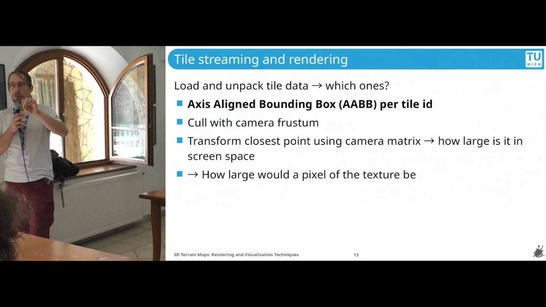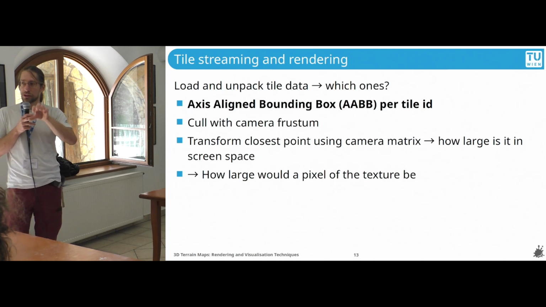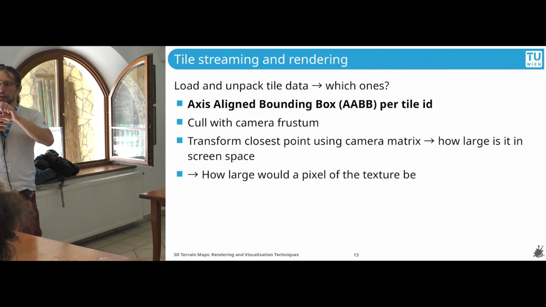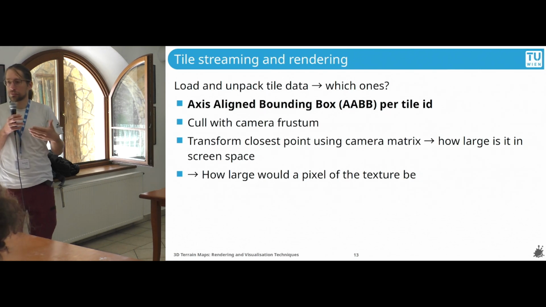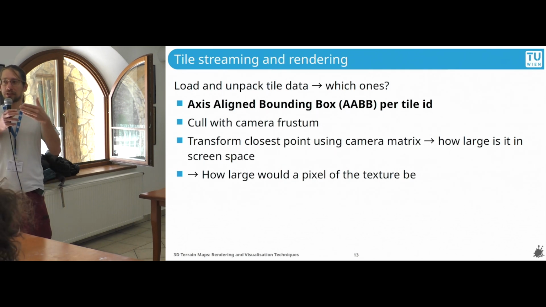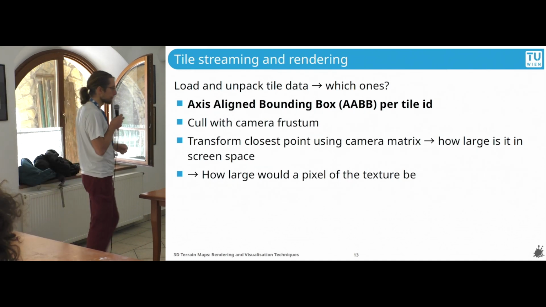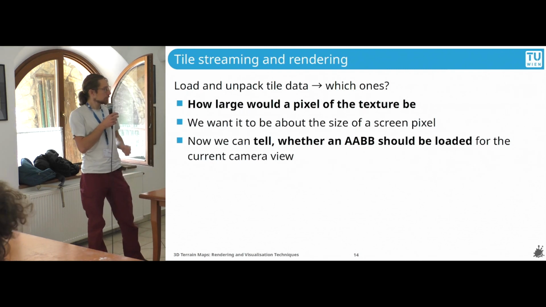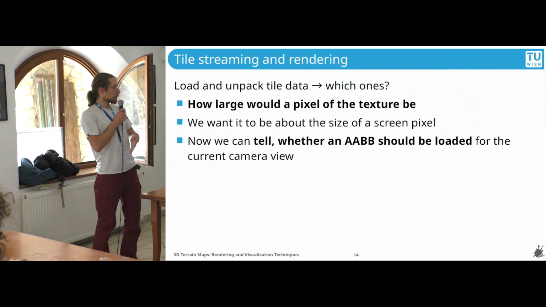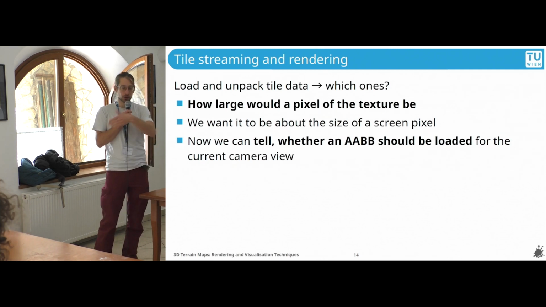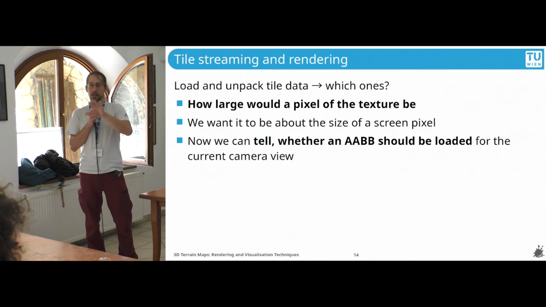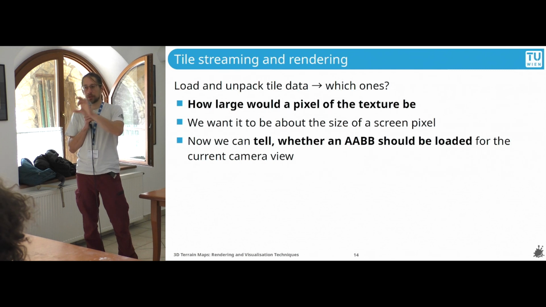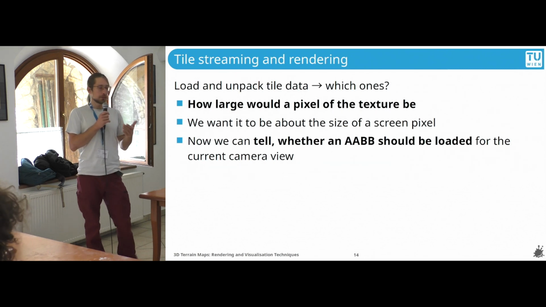And so if we know a lower bound on how large this texture is in screen space, then we can decide, yes, do we need more detail in this tile, or is it enough? So if it's enough detail, let's say if the texture is more or less in the pixel size, then this is the right tile for us. So we can compute how large a pixel of the texture would be in screen space. We want it to be about the size of a pixel in the screen. So the texture should be about the size of a pixel, and then we are at the right tile.